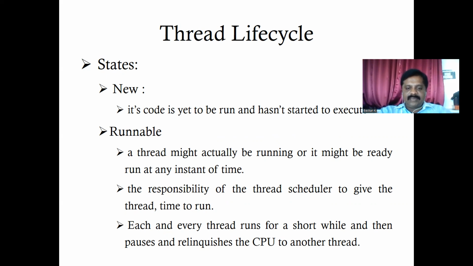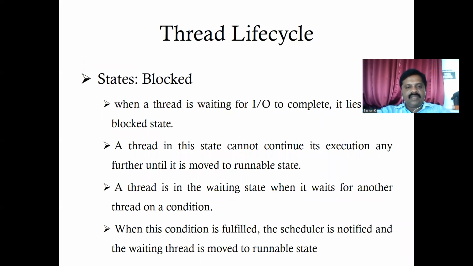Each and every thread runs for a short while and then pauses and relinquishes the CPU to another thread. The next state is blocked. When the thread is waiting for IO to complete, it is in the blocked state. A thread in this state cannot continue its execution any further until it is moved to the runnable state.